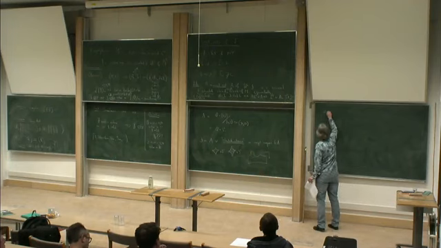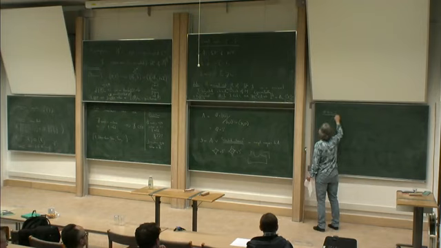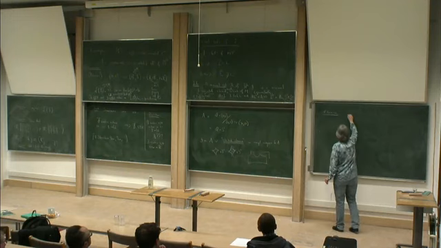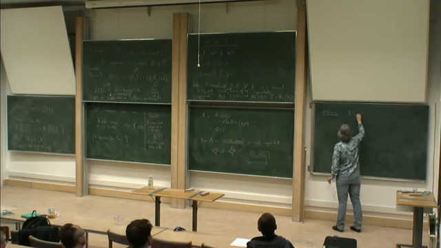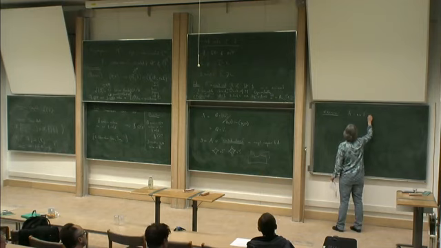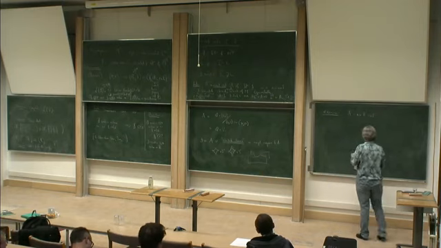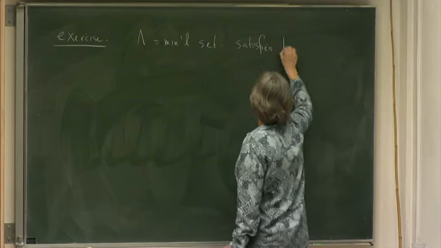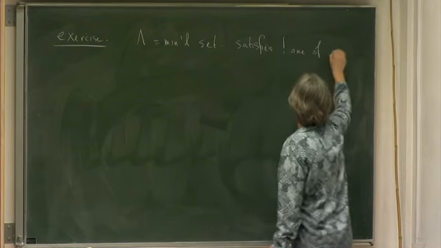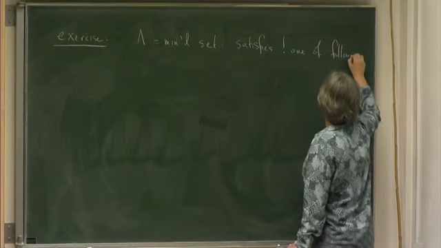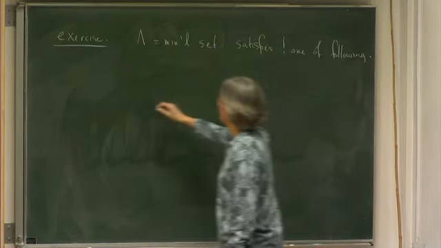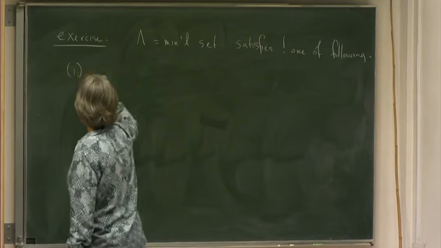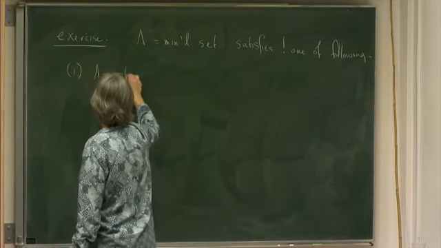And an elementary topology exercise is that if we've got lambda, a minimal set, then it satisfies exactly one of the following. So one possibility is that lambda is a compact set.